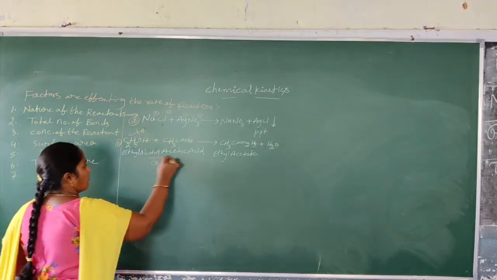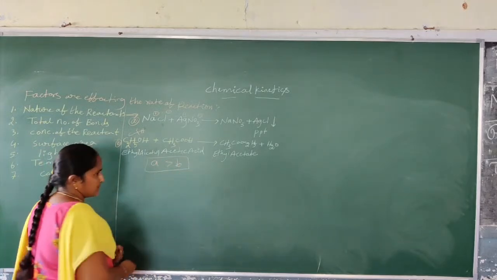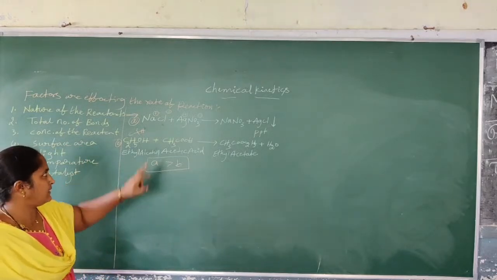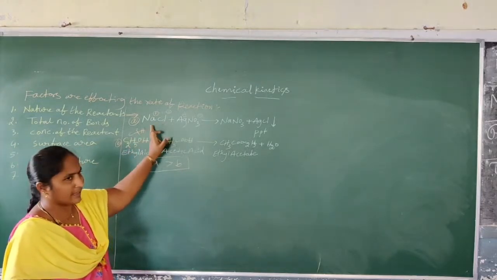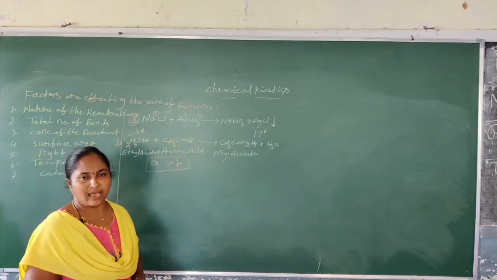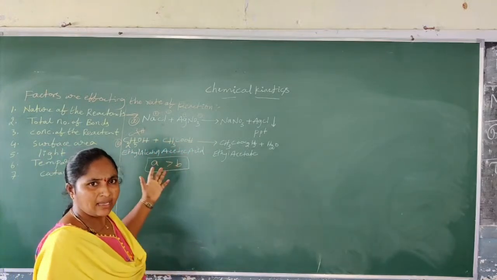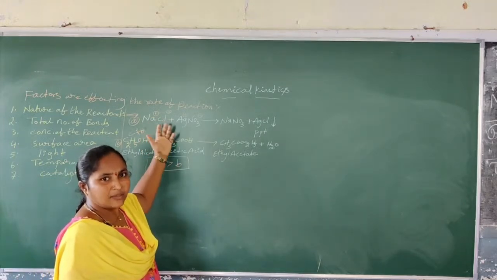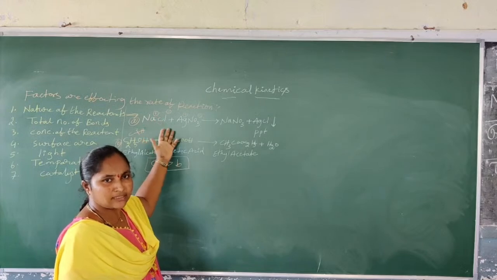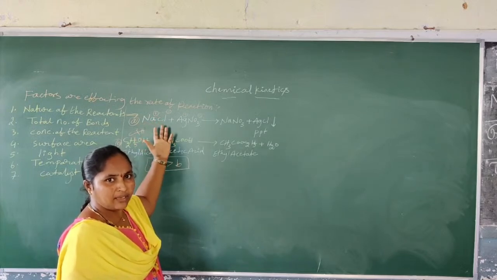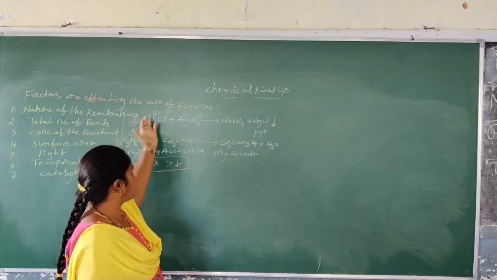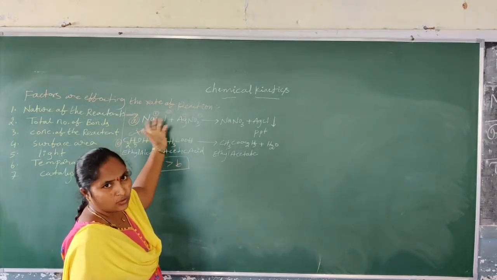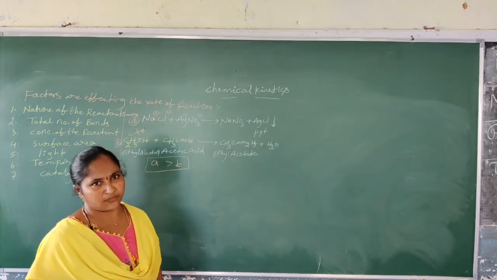So ionic substances react faster than covalent substances. The reason is there is no bond breaking and bond making between ionic substances. Positive and negative attractive forces already exist, and there is no need to break them.